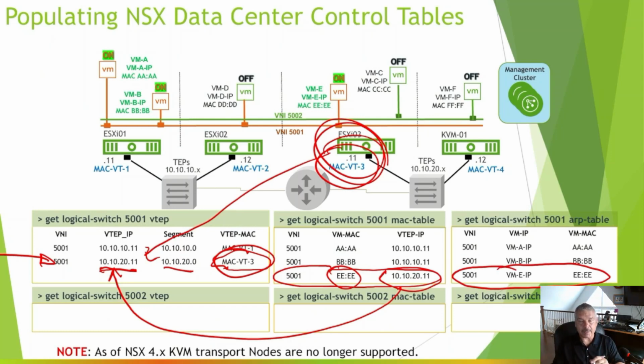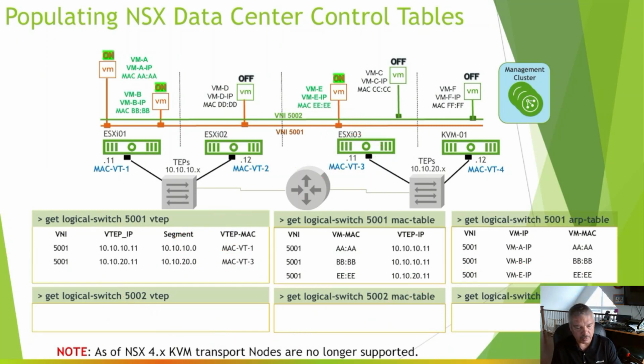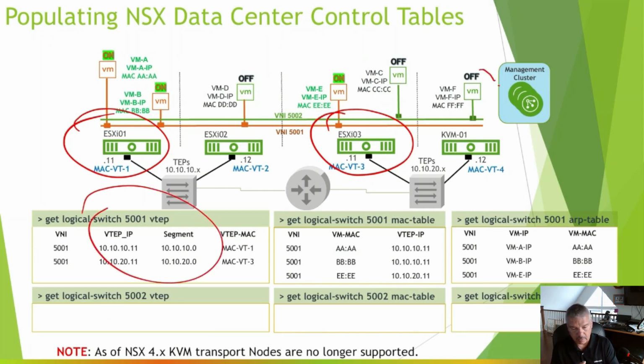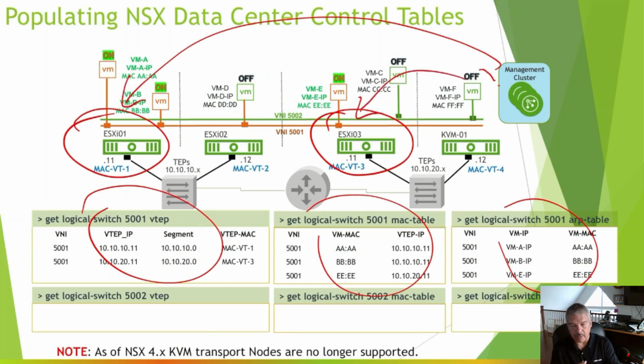Now, what happens here is the central control plane, since we now have two transport nodes participating, is going to basically take these tables, all three of them, and send them down to transport node 1 and to transport node 3. Sorry about that.